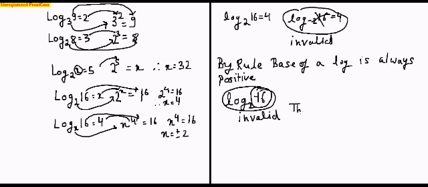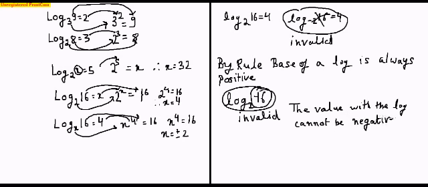So the second rule is the value within the log cannot be negative.